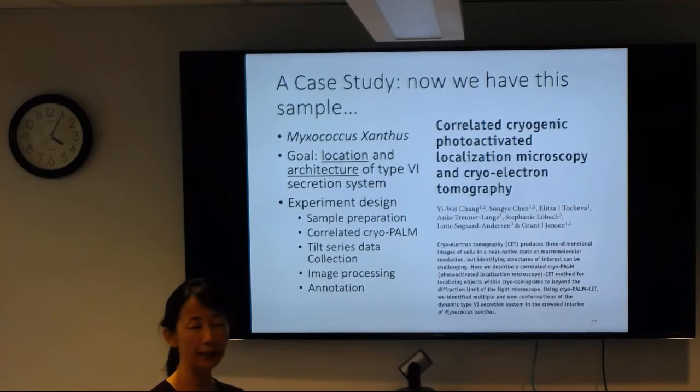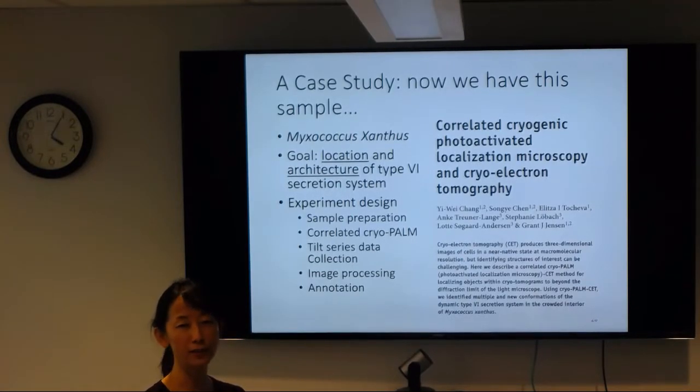Those secretion systems are like intracellular tubes in the bacteria. You don't have that many to start with, and the diameter is maybe 10 to 20 nanometers in thickness. The goal of the project is to go into the cell, find that tube, and then resolve the structure.